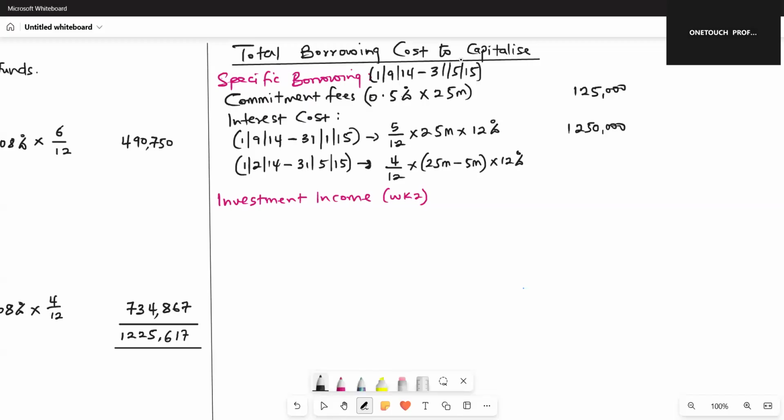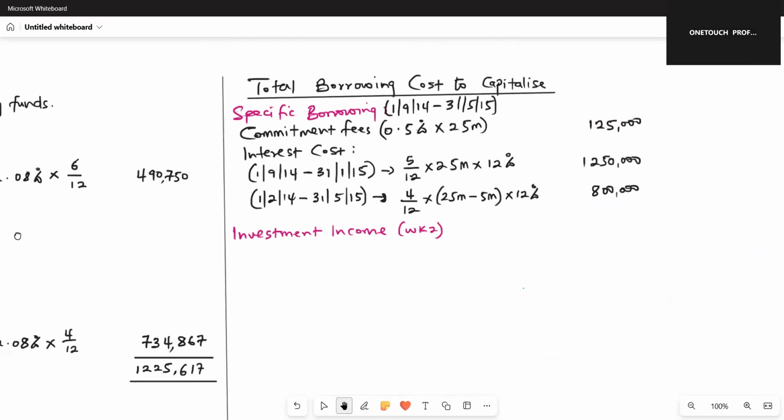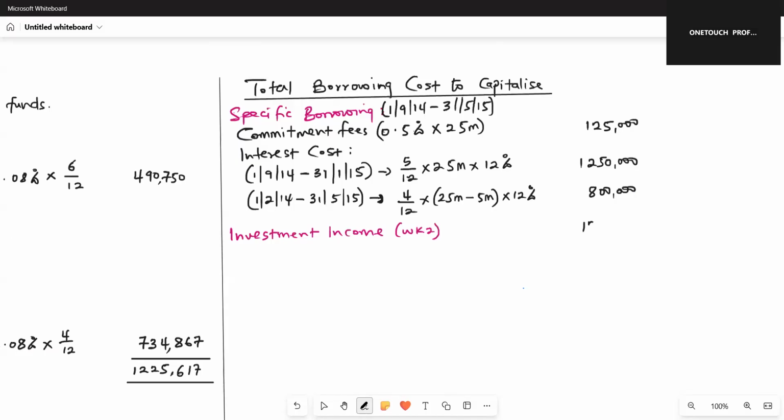The next one is 800,000. So the investment income that we did in workings two, we need to deduct: 137,500. So when you deduct, whatever we get is the borrowing cost to capitalize on specific borrowing.